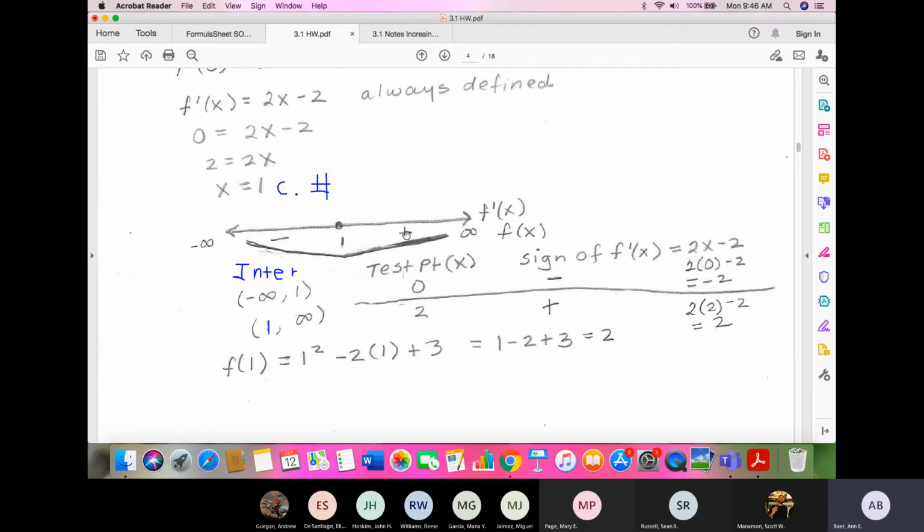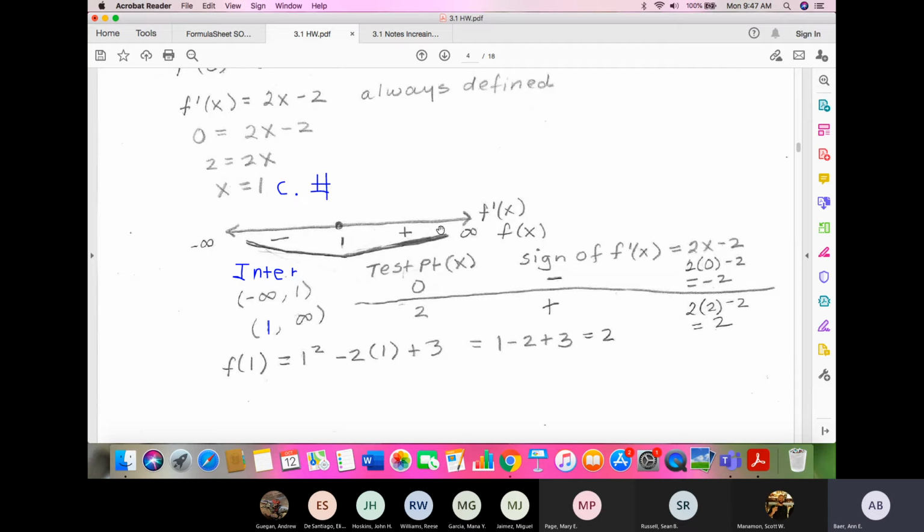Why do we like that? Because it tells us information about our original graph, where the first derivative, which is the slope of the tangent line, is negative, then the graph of the original function is decreasing like this. And where the first derivative is positive, that's where the slopes of the tangent lines are positive.